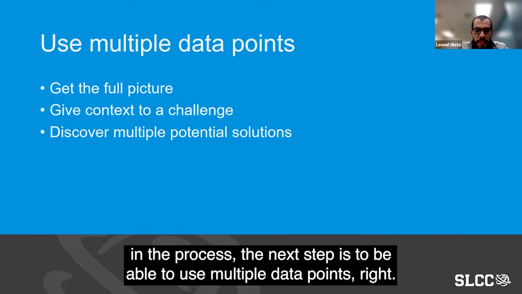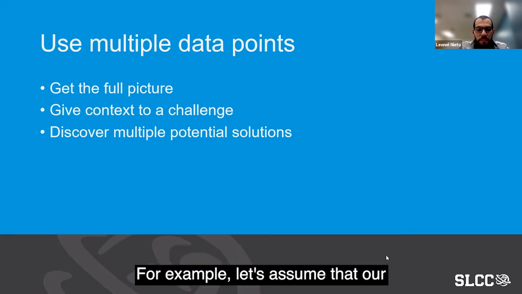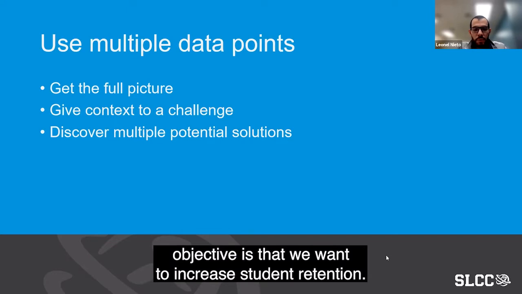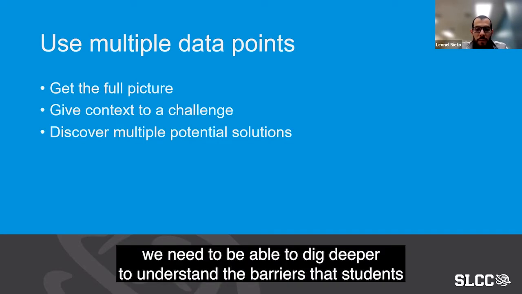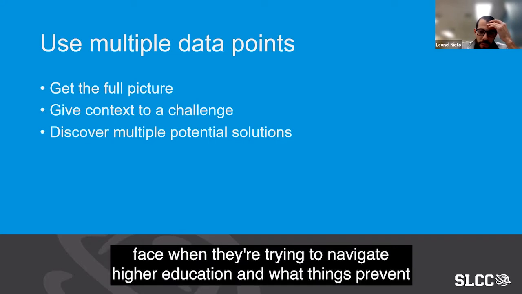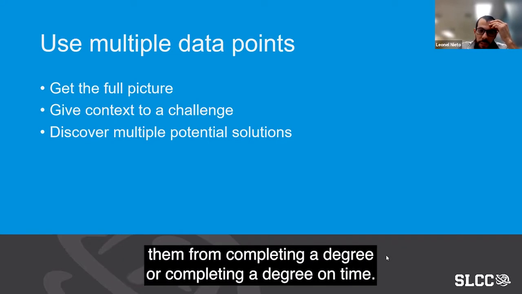The next step is to be able to use multiple data points, right? For example, let's assume that our objective is to increase student retention and student degree completion. In order to do so, we need to dig deeper to understand the barriers that students face when trying to navigate higher education, and what prevents them from completing a degree, or completing a degree on time.